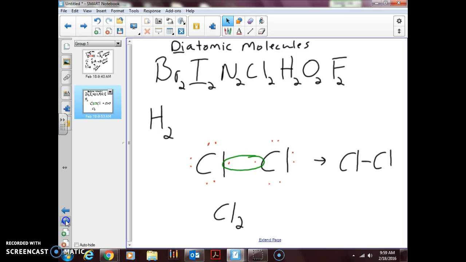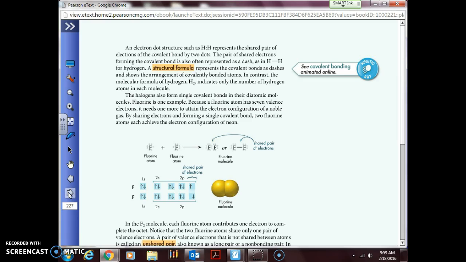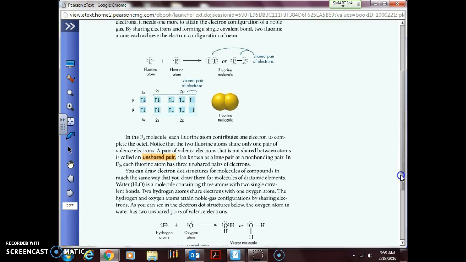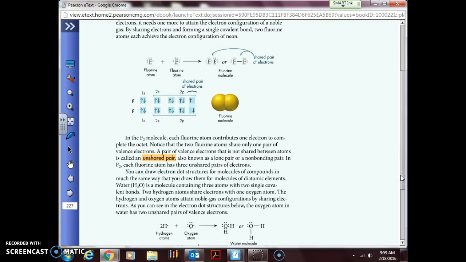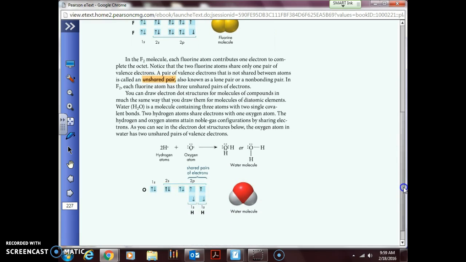Let me go back to your book. We talked about single covalent bonds. Let's go over to page 227. We've talked about structural formulas. We're going to talk about unshared pairs in a minute. Let's look at water.